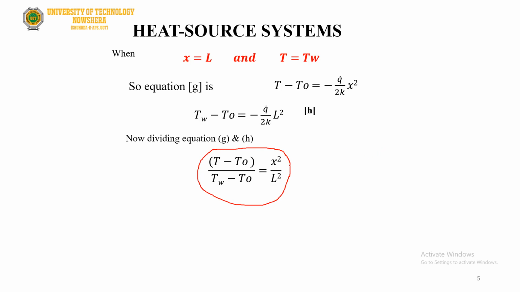From this equation, if we know the maximum temperature, which is at the center of the wall, and if we know the temperature at the face of the wall, we can easily find the temperature for any value of x.